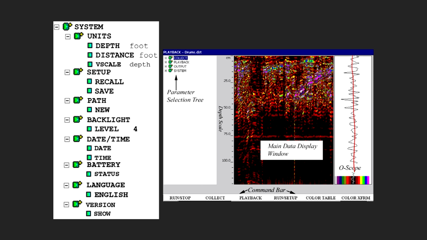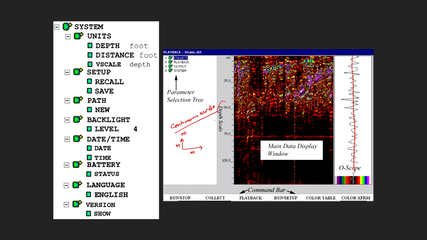In short, this is what the system looks like, and mostly we will collect in continuous mode, in the metric system, in meters. The horizontal as well as the depth section will be in meters. You can also look at it in nanoseconds, which you will be able to see here.